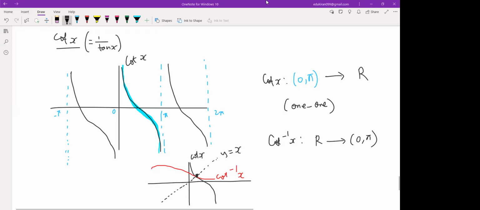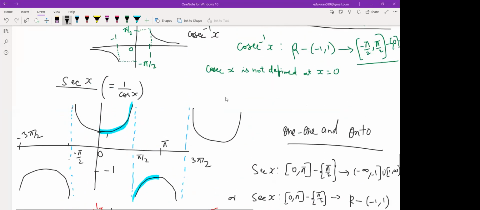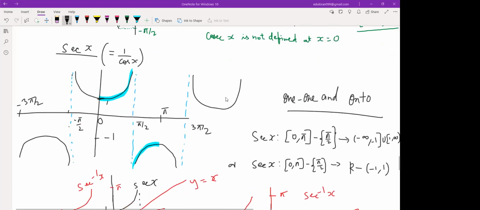Someone, sir, can you explain the sec x graph? Yeah, the sec x graph. What we did here is this was the sec x graph, which is the reciprocal of cos x. In this sec x graph, we take the region which is 0 to pi except pi by 2. And that is the principal value region.